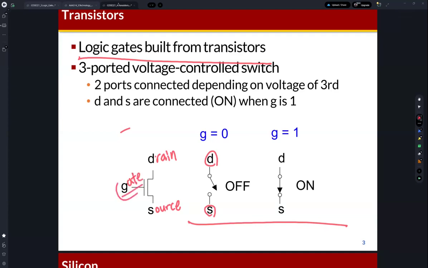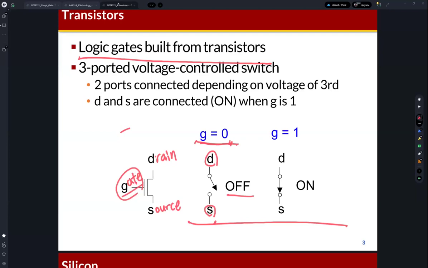This is the gate. In this example, if the gate value is 0, a low voltage, then it's turned off, which means the drain is disconnected from the source, because the switch is open. So the drain is disconnected from the source if the gate is 0.